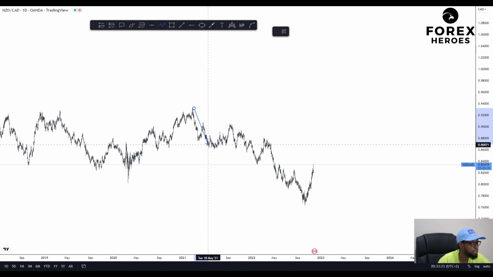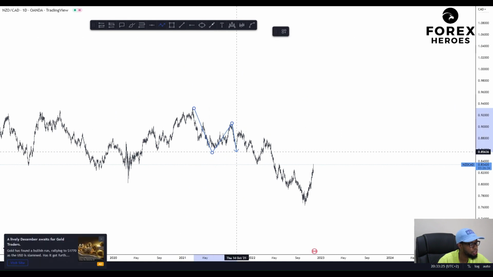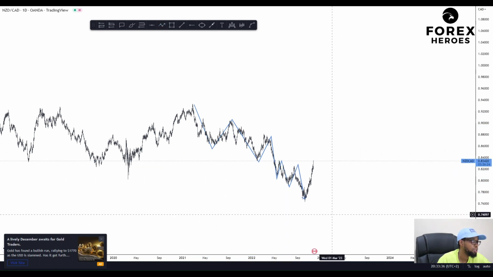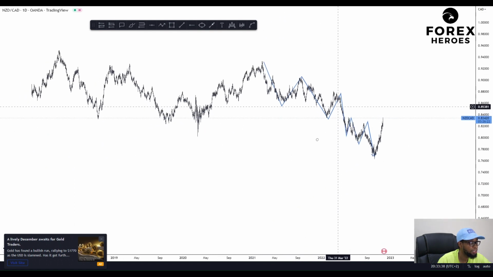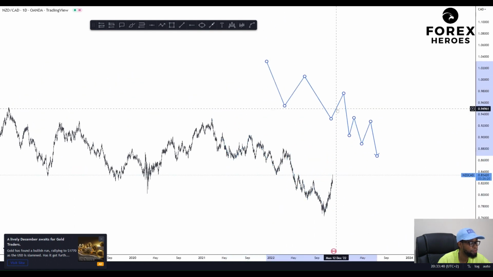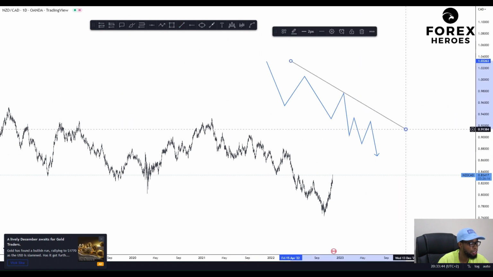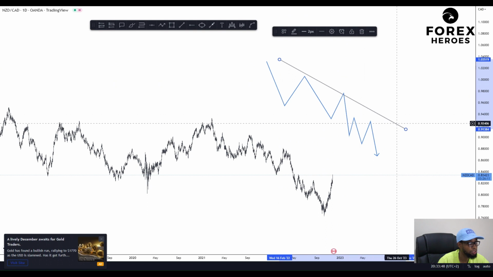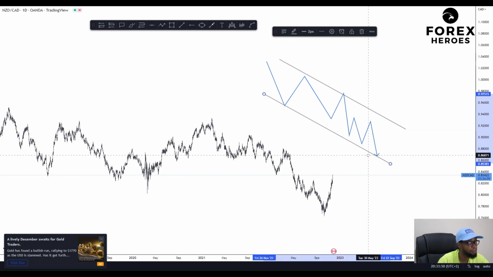Remember, I showed you guys. So do you see what this symbolizes? You can see when we take our lines, you will see that we are having what? A downtrend.